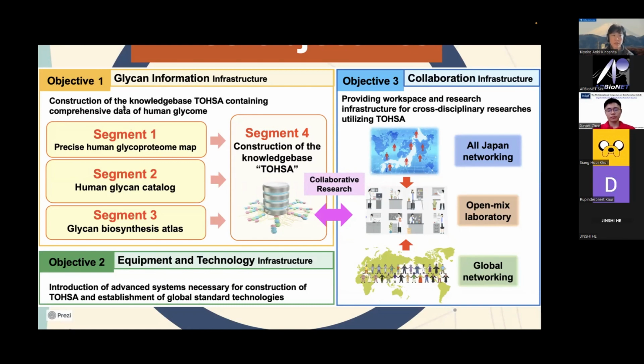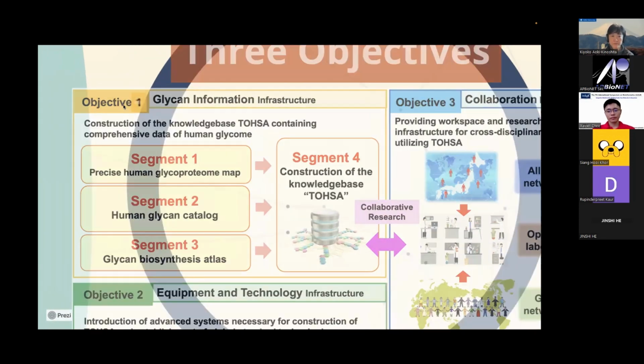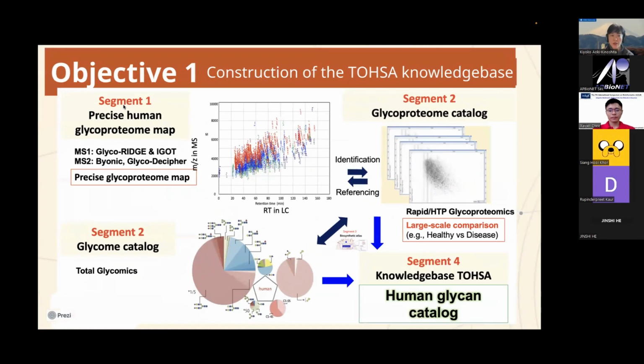So to go more into detail on objective 1, aiming to construct the TOSA knowledge base. There are, like I said, 4 segments. Segment 1 is aiming to develop a precise human glycoproteome map. So we're trying to map the entire human glycoproteome, a reference glycoproteome across all human samples.